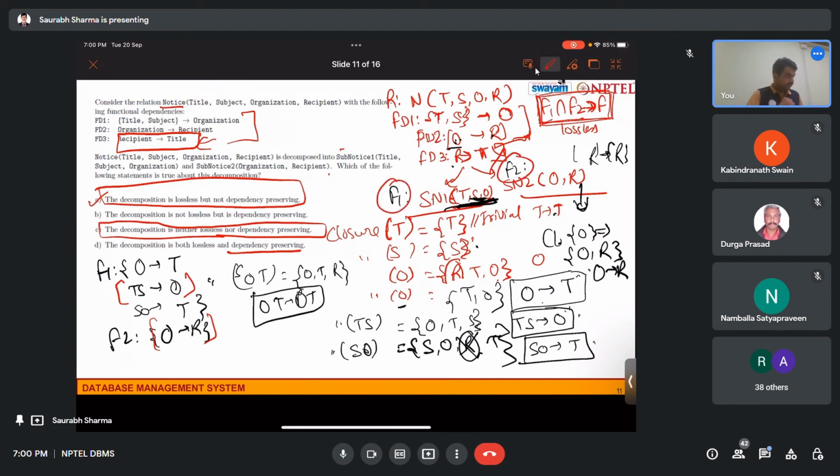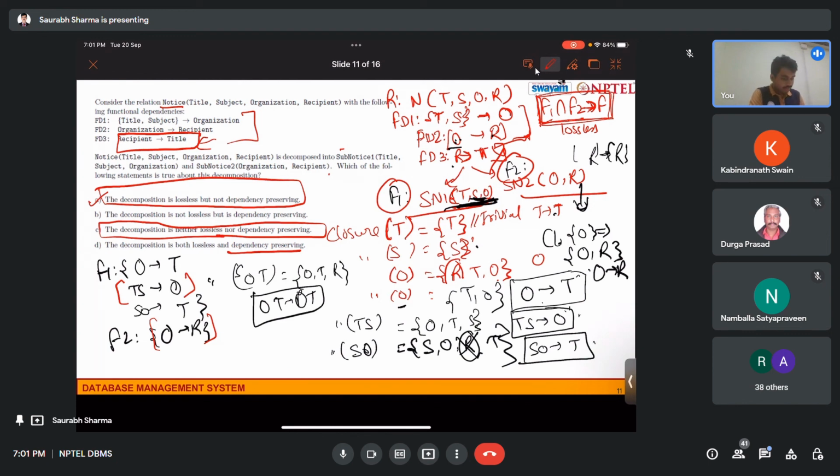If f1 intersection f2 is able to derive f, then we can say that if at least one of the dependencies, we take its closure, and it results in the original functional dependency, then we can say that it is not lossless.